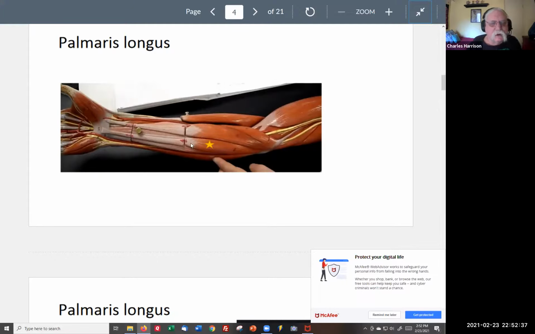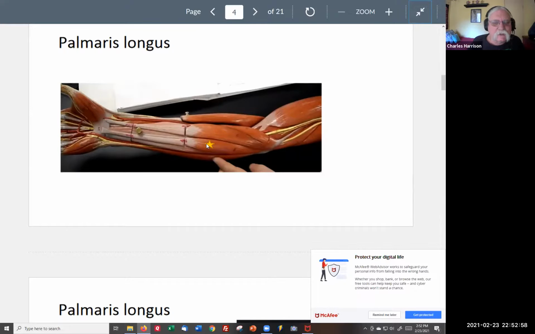This is the palmaris longus. If you had a specimen, a cat for instance, in front of you, and we are going to be doing the cat muscles too, but that'll be easier for you. Once you find the palmaris longus, you've got it made.